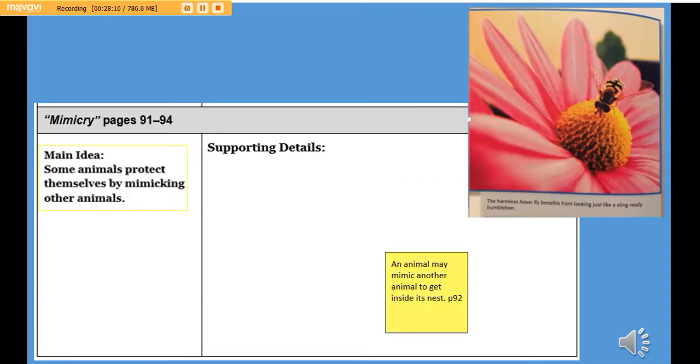Same with this page. Go ahead and pause the video now in order to record all the details in your purple workbook.